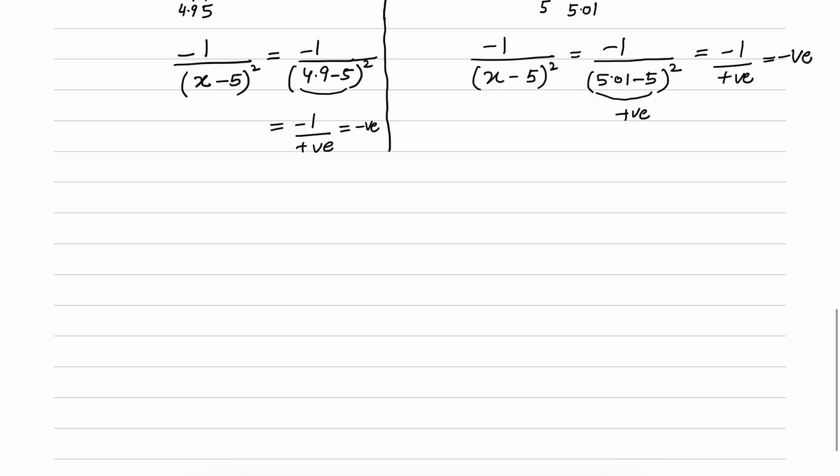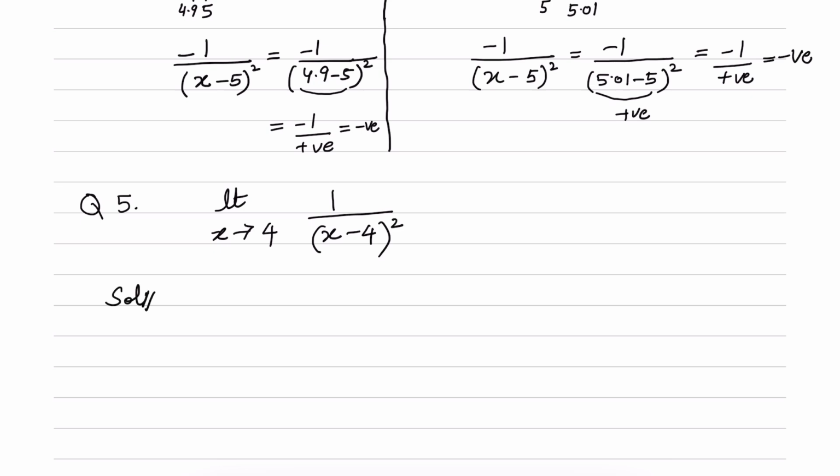We can try one more example. This time we have to find the limit as x is approaching, let's say, 4 for the function 1 over (x minus 4) whole square.